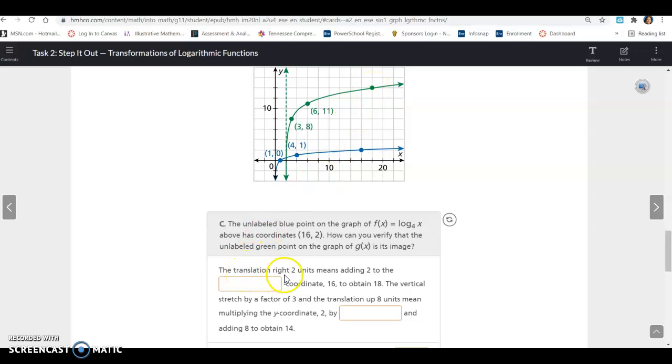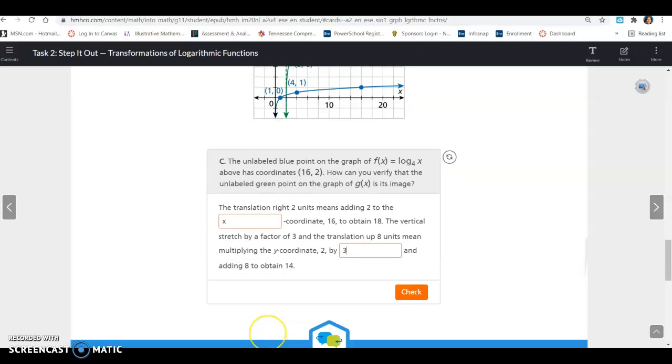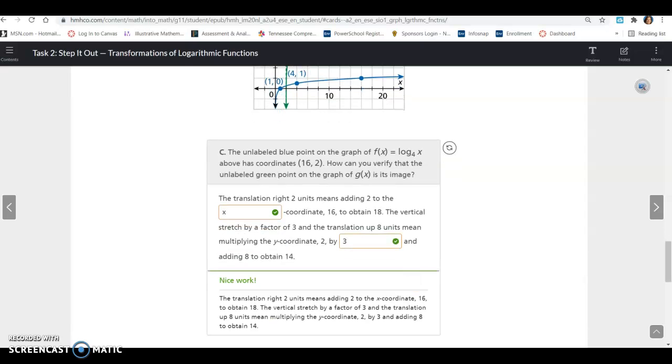So the translation right 2 units means adding 2 to the x coordinate. So we add 2 to the x coordinate, 16, to obtain 18. The vertical stretch by a factor of 3 and the translation up 8 units means multiplying the y coordinate 2 by 3, because our vertical stretch of 3, and then adding 8 to obtain 14.